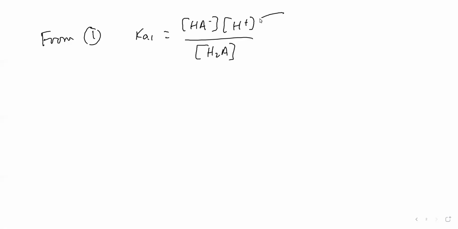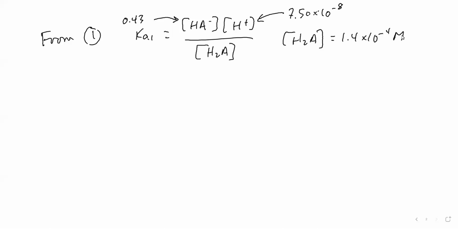We know H plus was 7.5 times 10 to the minus 8th molar, and HA minus we're assuming is the formal concentration, 0.43. We plug in the value for Ka, and with a little simple algebra we get the concentration of H2A, 1.4 times 10 to the minus 4th molar.